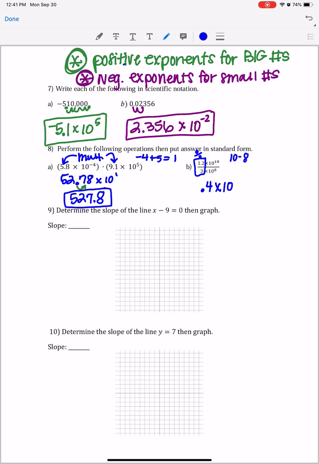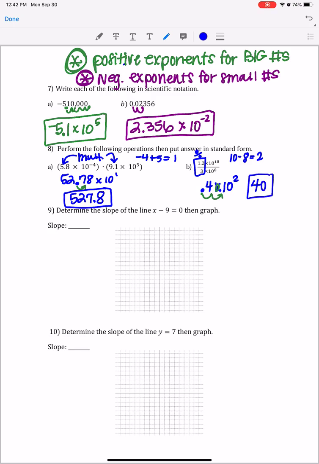So 10 minus 8 gives me 2. So squared, again, this is not standard form because it's times 10 to a power. So this 2 tells me to move this decimal 2 different times. And then we're going to put a 0 in right there. So my final answer on this one is 40.